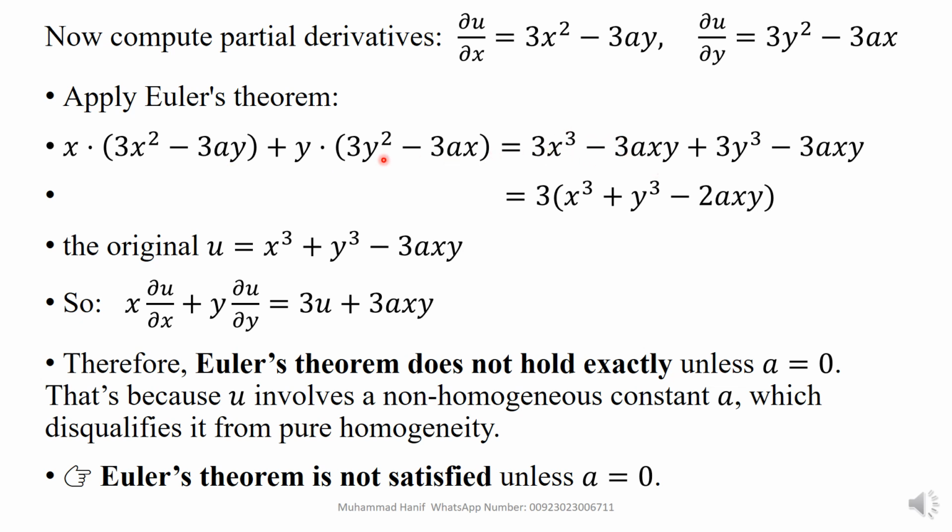Plus sign, then y multiplied by 3y², we get 3y³, and plus multiplied by minus, we get minus y multiplied by 3ax, minus 3axy.